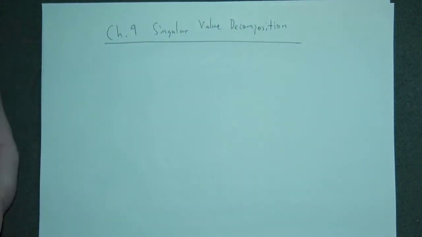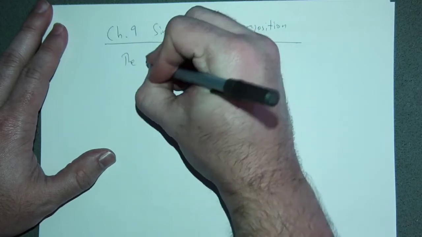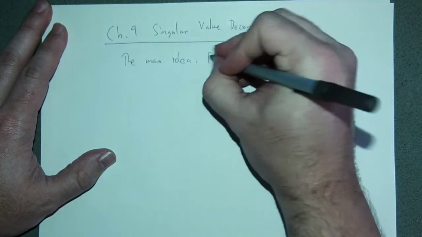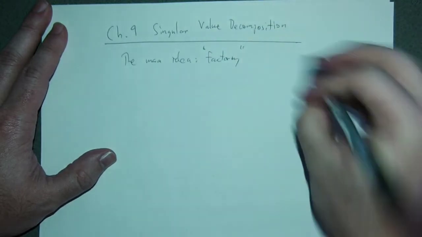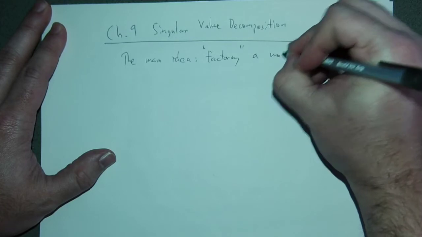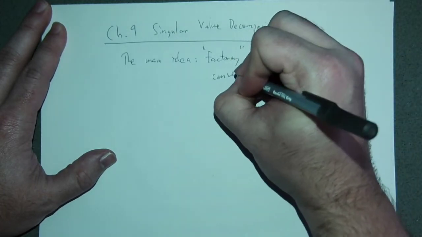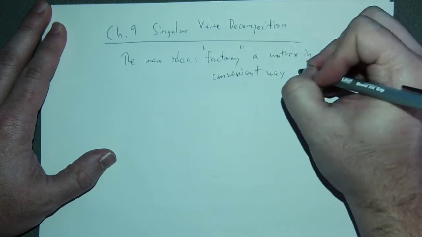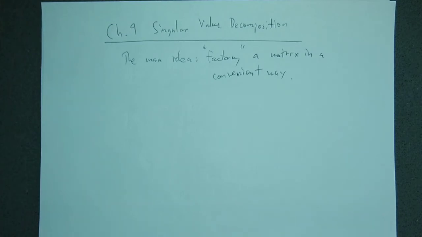And basically, the main idea is that you're factoring, in quotes, a matrix in a convenient way. So you've already seen ways in which you can factor a matrix in a nice way.